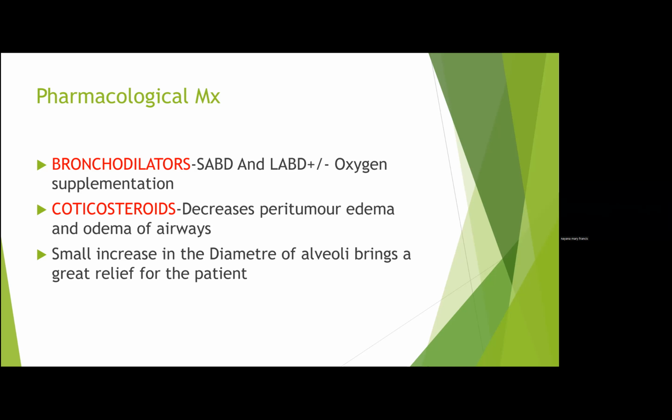We know that even a small increase in the diameter of the alveoli brings great relief for the patient. For a patient having hypoxia, simply giving oxygen will not help. But if the corticosteroid can reduce the edema and bronchodilation occurs a little bit, he'll get a little more oxygen. That will help him. So we can give corticosteroids.